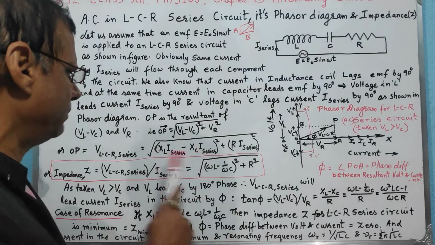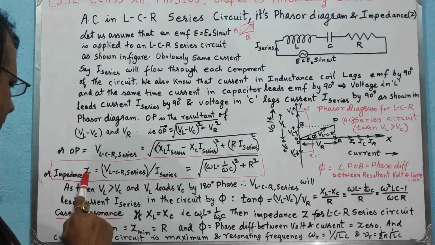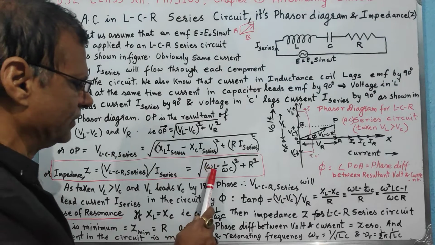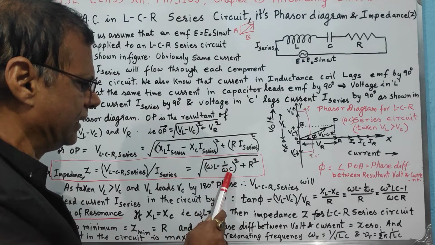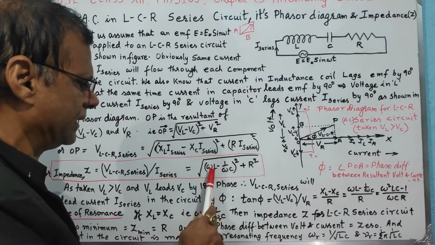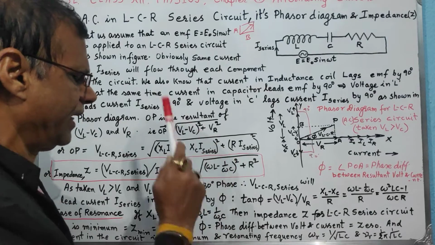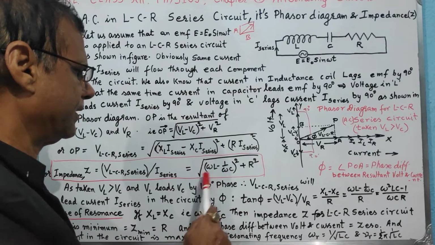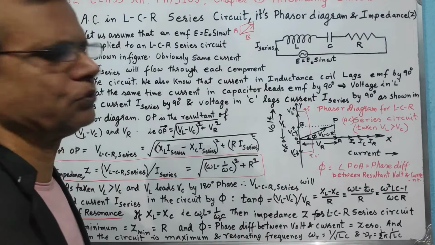Why does it become minimum? You can look into the expression. Impedance is the square root of (XL minus XC) whole square plus R square, and because XL is equal to XC, this term vanishes and we are left with the square root of R square, that means equal to R.